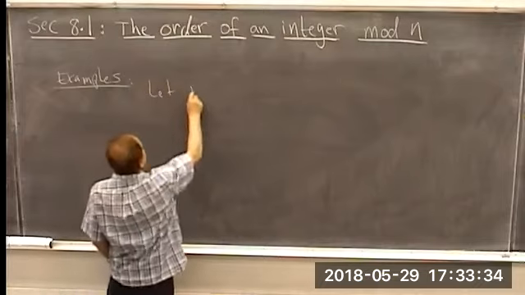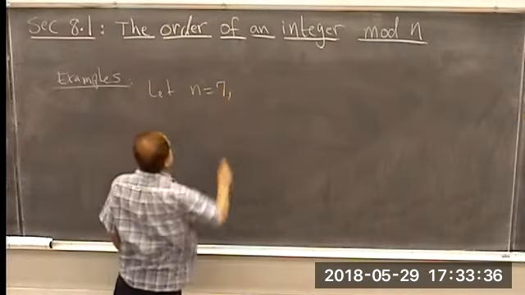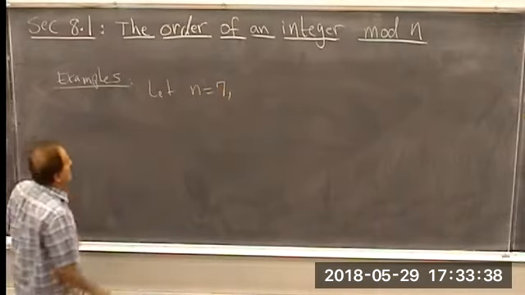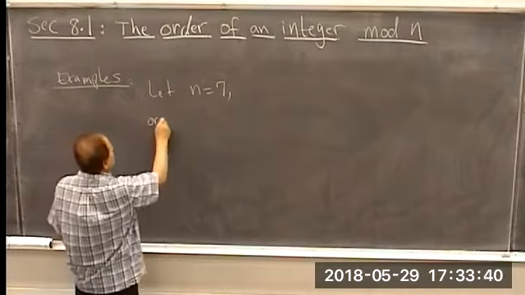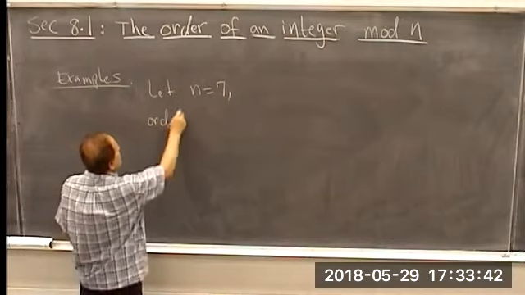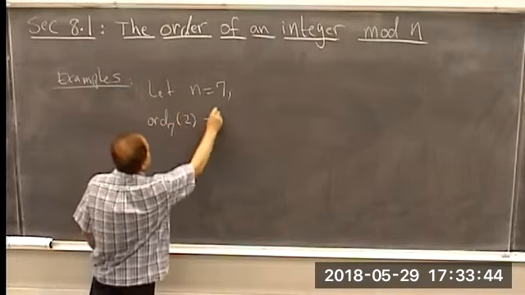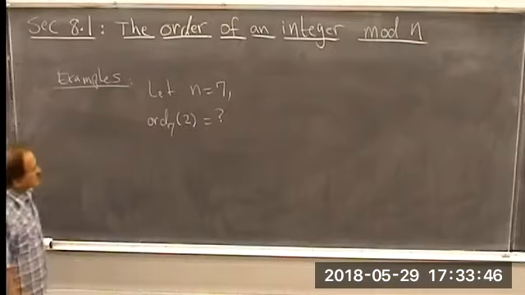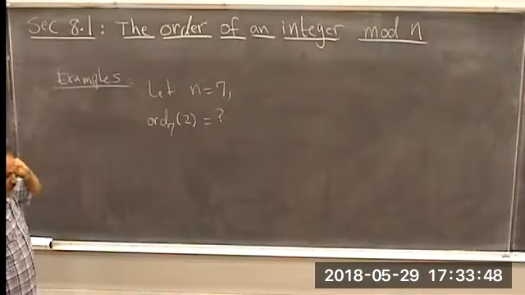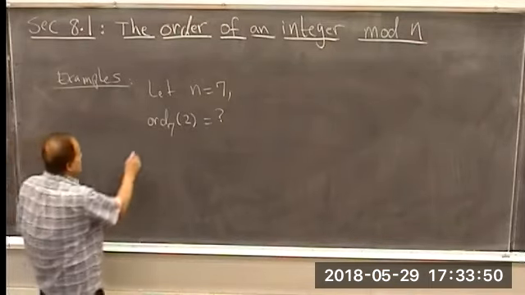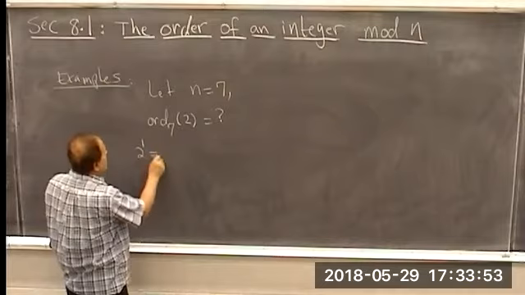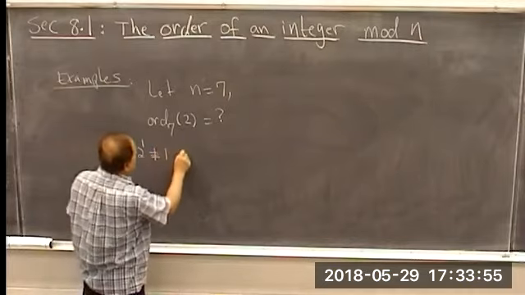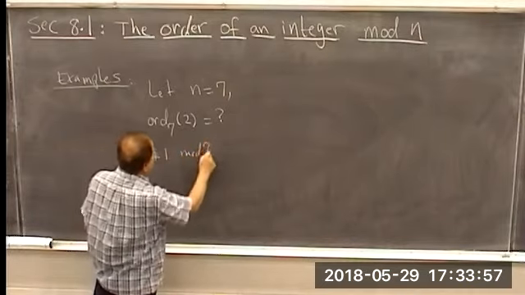Take n equals 7, and let's consider the order mod 7 of 2. What is this equal to? Since 7 is a small number, we could do trial and error. 2 to the 1 is, of course, not congruent to 1 mod 7.